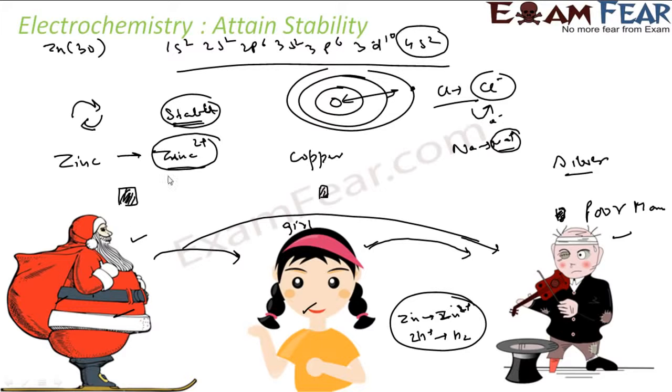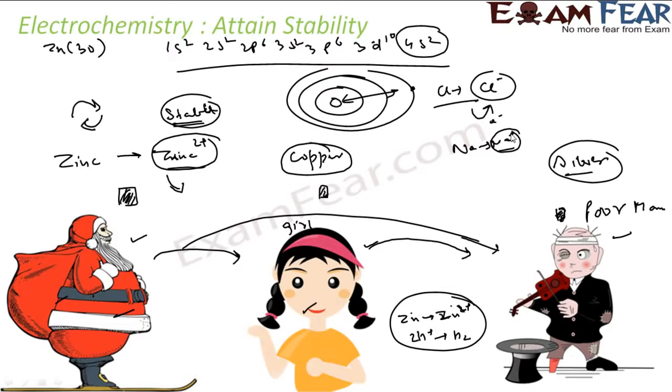Here also, zinc will have more tendency to give electrons, copper will have less tendency, and silver will have even less tendency to give electrons. I will not discuss why. It all depends on the structure, the number of shells, and the distance from the nucleus. If you want, you can go through the video on atoms where we explained all these concepts.